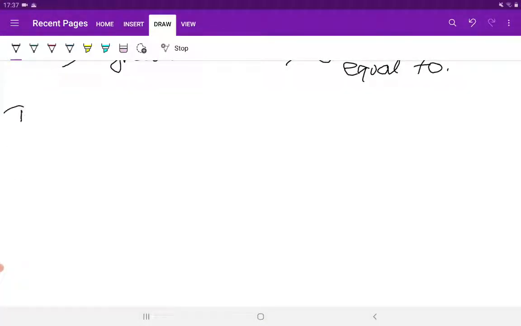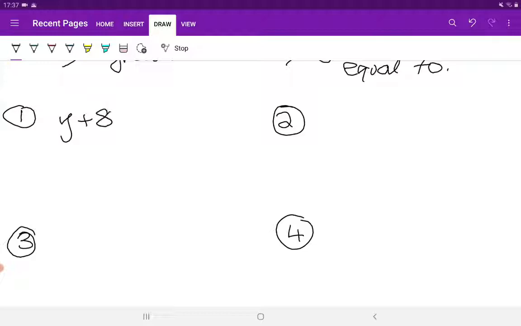Okay, so we're just going to do 4 examples, getting progressively harder. Okay, and you'll see what I mean by this. So we could have something like y plus 8 is less than 10. We could have something like 9m is greater than or equal to 45.